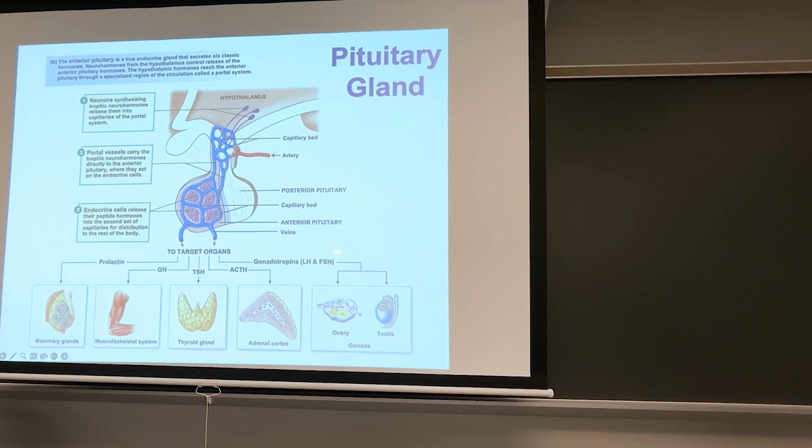These hormones all on the bottom here are anterior pituitary hormones. And you'll see a name called adenohypophysis. Hypophysis means pituitary, adeno means gland or to secrete. This has to do with its epithelial origin. So the posterior pituitary is nervous tissue. The anterior pituitary is epithelial tissue.